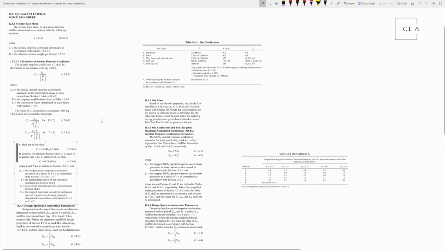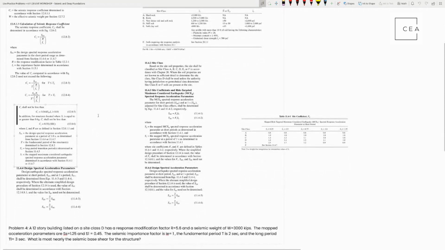Okay, good to know. So, diving into this, you have to find what SDS is. To find SDS, we go to section 11.4, and you'll see that SDS is equal to 2/3 SMS. Then you have to find out what SMS is, which leads you to this section over here.